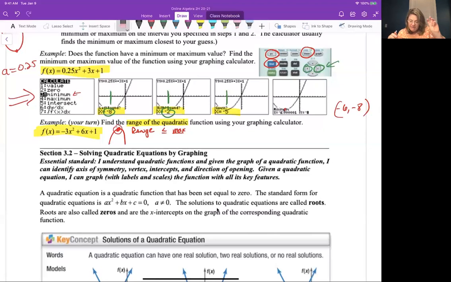Then you would have had left bound, right bound, and guess, and you would have had to provide that information either by plugging in a number or using your trace key to get to the left and to the right and then close to it and hit enter. And you would find that the maximum value is 4, so y is less than or equal to 4.